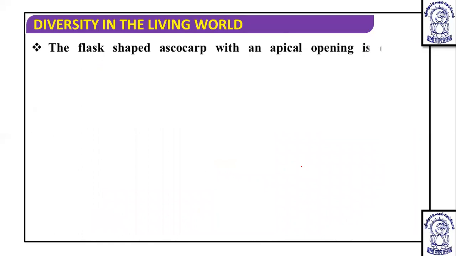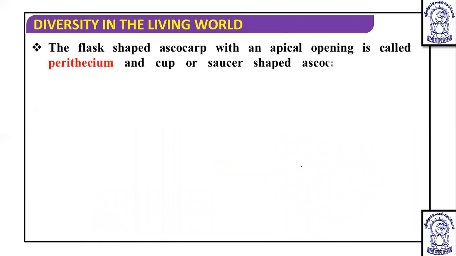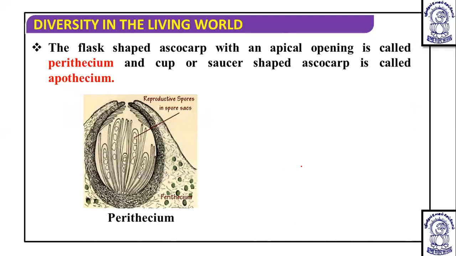Then in some particular fungi, the ascocarp is flask shaped, and this flask shaped ascocarp has an apical opening. This type of ascocarp is known as perithecium, whereas a cup or saucer shaped ascocarp is called apothecium.